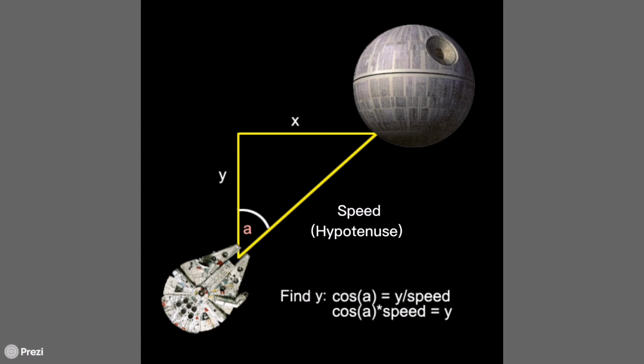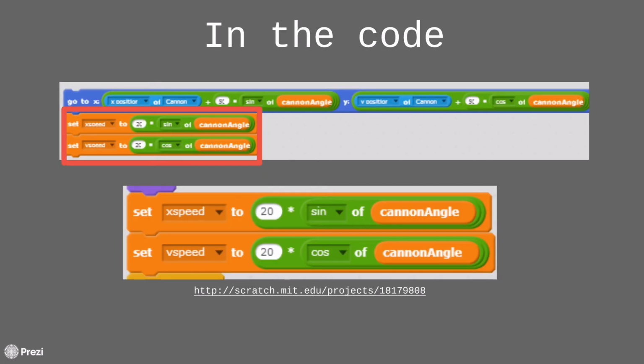And the same with the previous example, solving for y means using the cosine trigonometric ratio, wherein cosine A is equal to the adjacent side y all over the hypotenuse, or in our example, the speed. Okay, so by the use of the same website, here is how the code is being set.